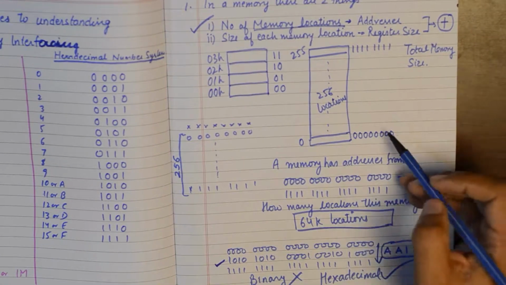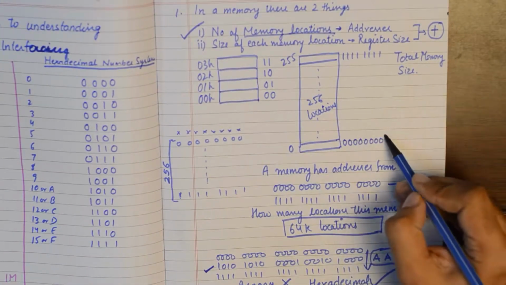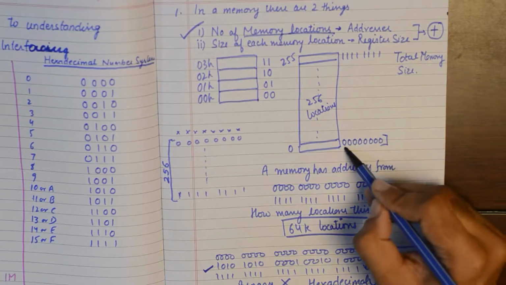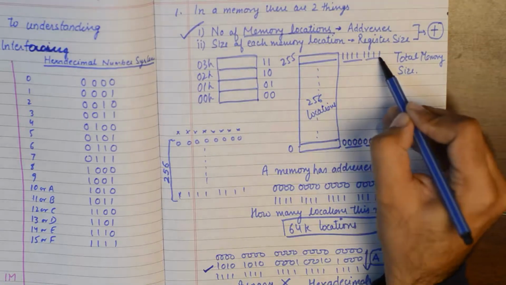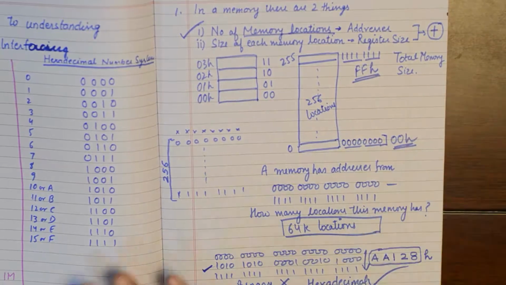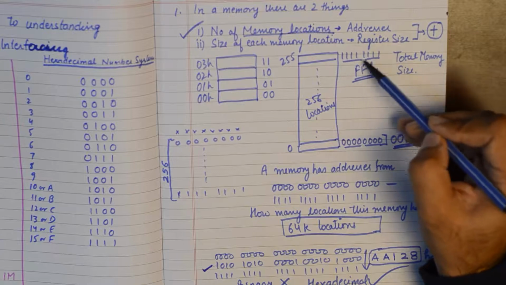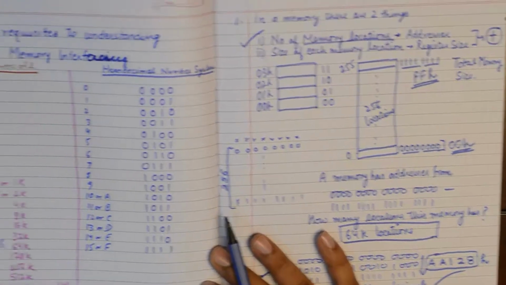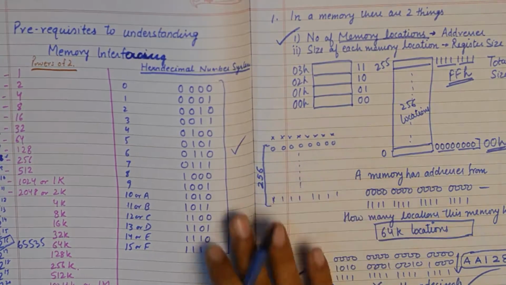Similarly, a memory with 256 locations will have addresses labeled as 00H to FFH. Now, in order to be very quick in interchanging between binary and hexadecimal, we'll need to refer to and be conversant with this table.